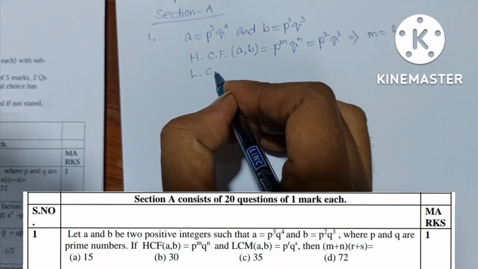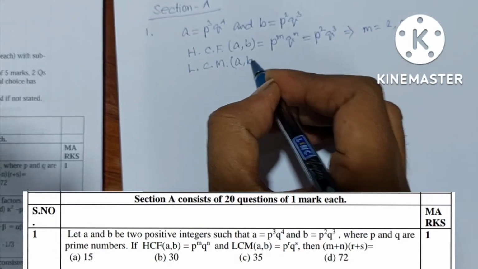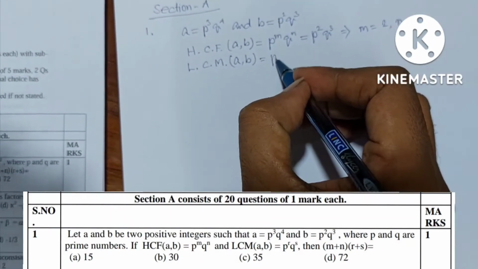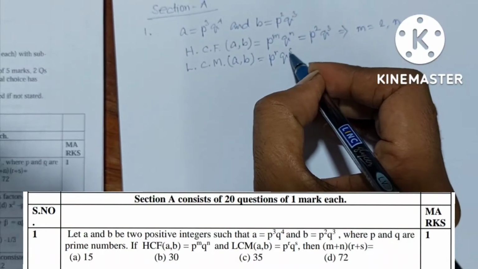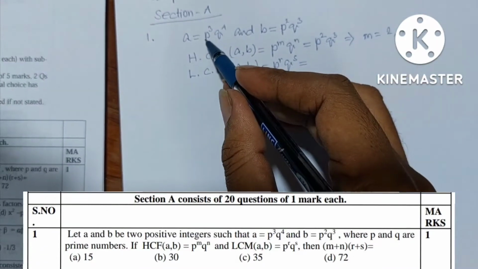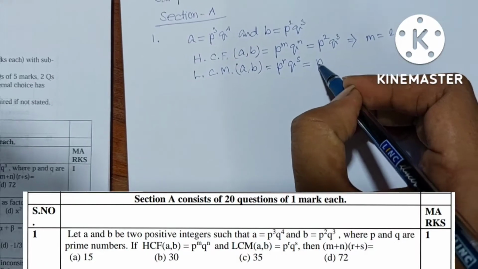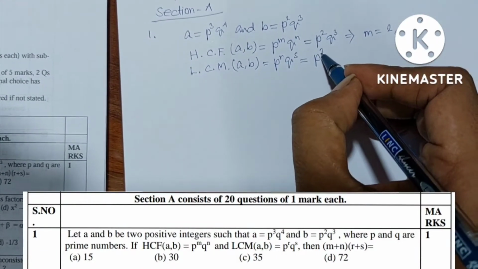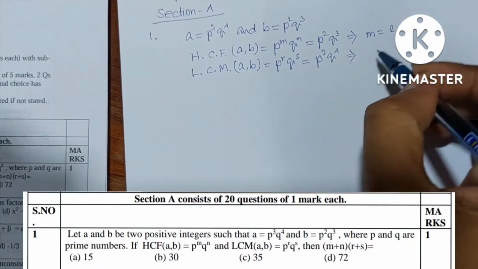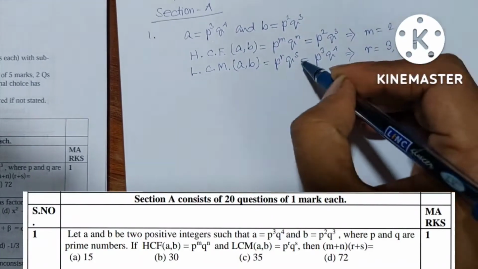And LCM means least common multiple. The least common multiple of a, b is given as p to the power r q to the power s, and the LCM of a and b is p cube q to the power 4. So r equals 3 and s equals 4.